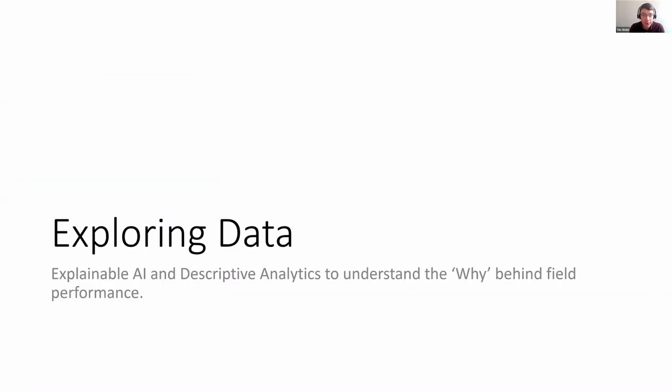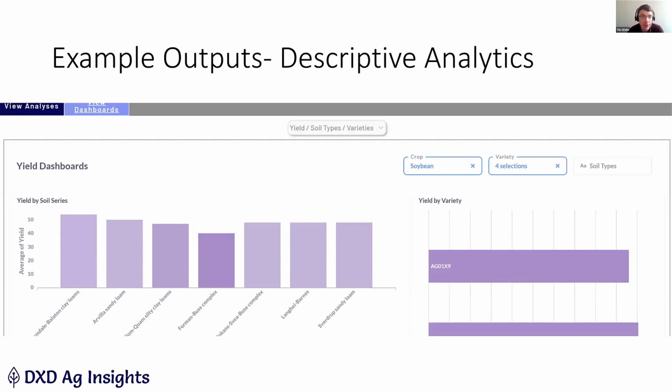So just real briefly, I'm going to talk about some examples of analytics, both descriptive analytics and some machine learning that have been run using FieldX data as a base, along with other information that we brought in on the side. So this is an example of an output report.